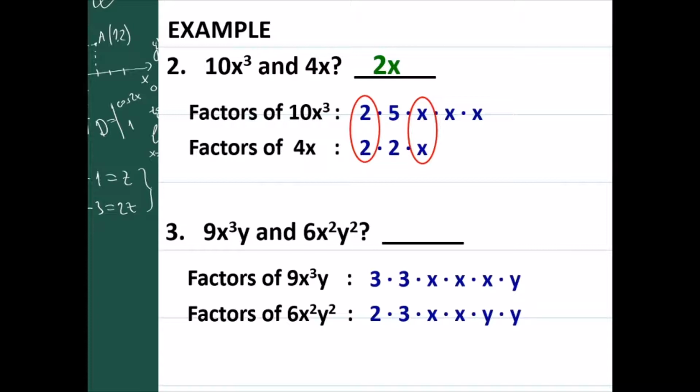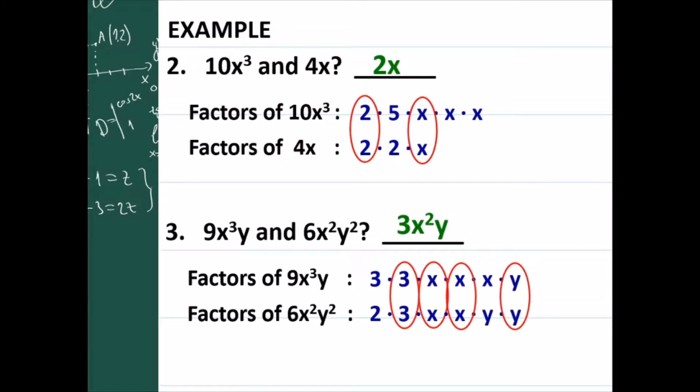The common factors are 3, x, x, and y. So therefore, the GCF of 9x cubed y and 6x squared y squared is 3x squared y.